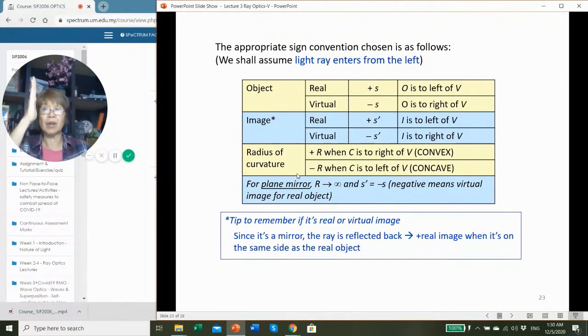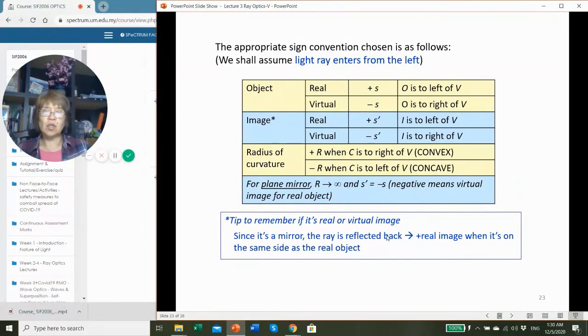Now for a plane mirror, which is a straight, flat line, R can be assumed to be almost infinity, and then it will work out that S prime will be negative S, because S prime will take a negative value. It means that it is virtual.